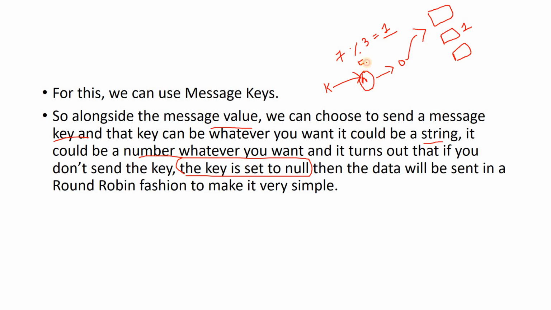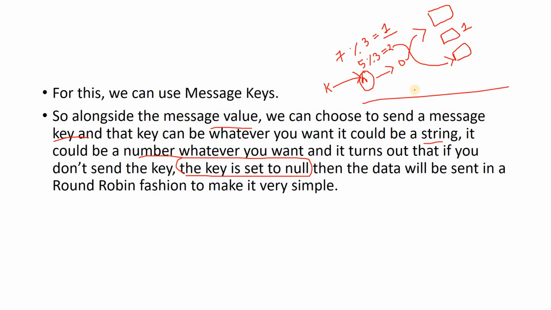Suppose the key is 5. If we do this operation, then the outcome will be 2. So if some message has the key 5, then after applying the hashing algorithm we get 2, and Kafka will send that message to partition number 2. Like that it will be distributing.